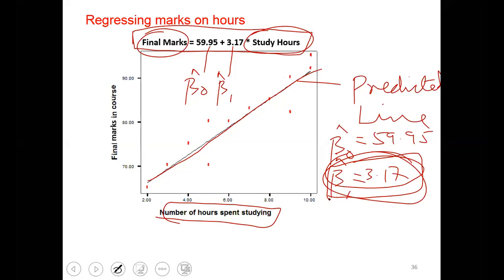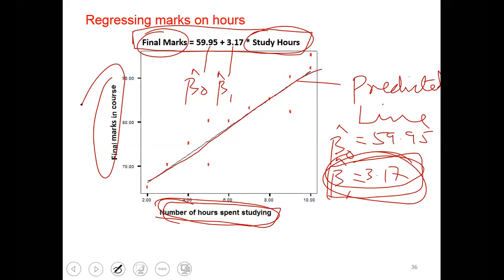No. I'm talking about application. When x is changed, look at what x is here. Say it in words: when the number of hours spent studying changes by 1 unit, how many?